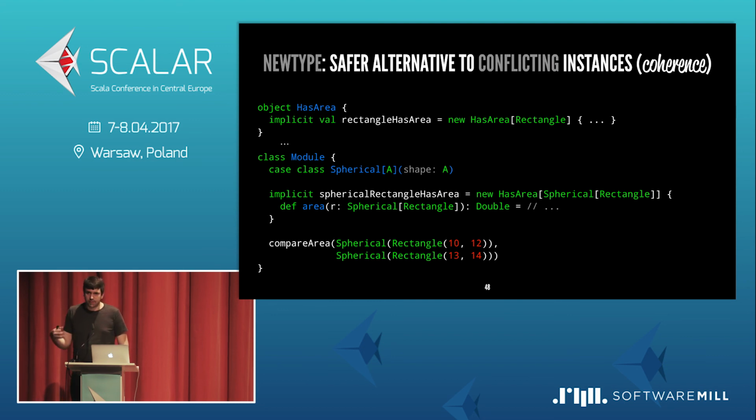And if we wanted to then be explicit about saying this is the implementation of area in a different context, on a spherical context, then we can wrap the value that we want to calculate the area on and provide an implementation for that. So now, when we call this piece of code, this is only going to work if we have an instance for a spherical rectangle in scope. And there's no confusion anymore.